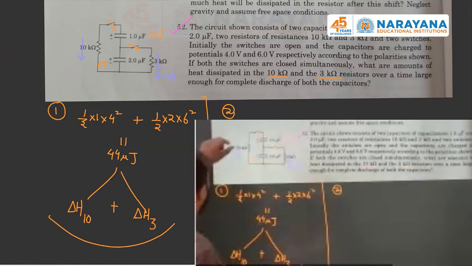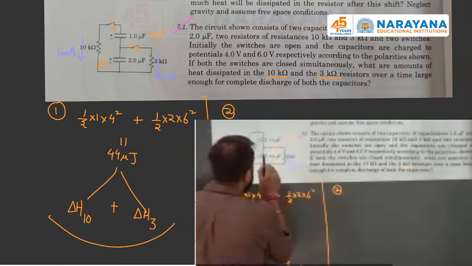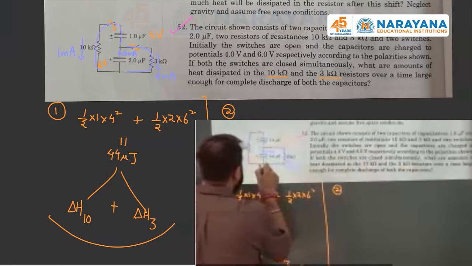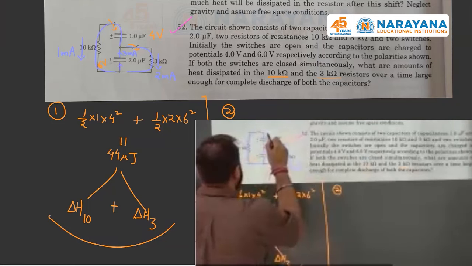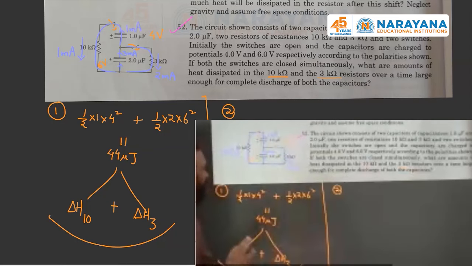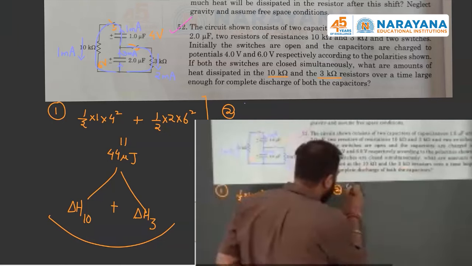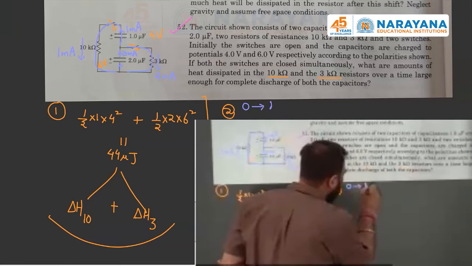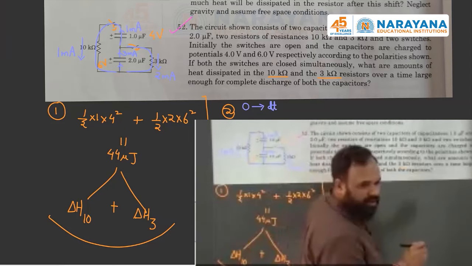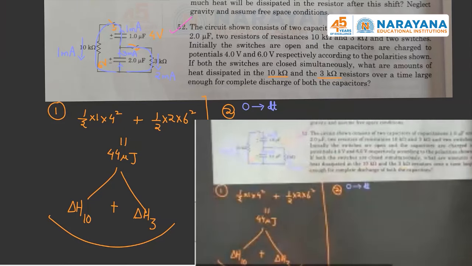And in this one, I have 10 volt and 10,000 ohm, so 1 milliampere, downwards. So from here, 3 milliampere should come out. 2 milliampere goes into this, 1 milliampere flows like this, and finally, 3 milliampere comes back. Remember, this is the zero situation. Now, I am interested in the zero situation to a dt situation, a differential time dt after zero. I want to see what is happening at that instant.